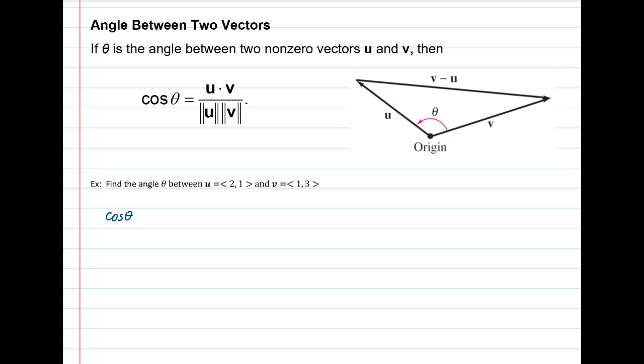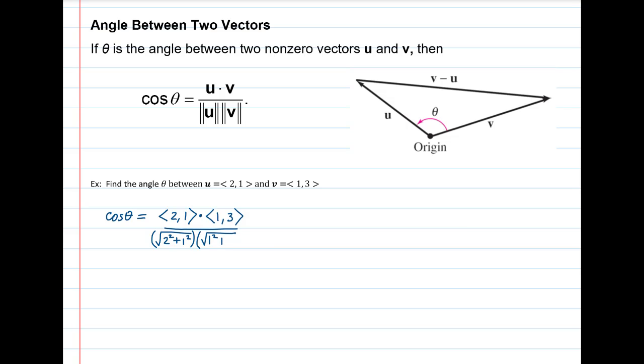We're going to find the angle theta between u and v, u being <2, 1> and v <1, 3>. Plugging this into our equation, we get that cosine of theta is equal to the dot product of the two vectors, <2, 1> dot <1, 3>, all divided by the product of their magnitudes.